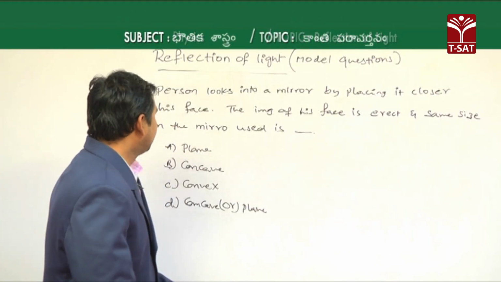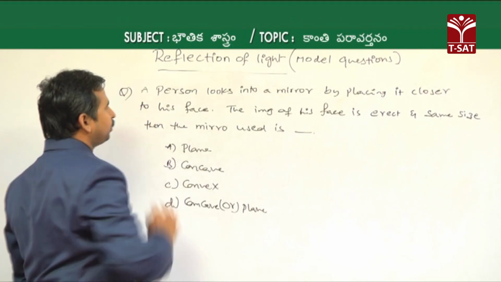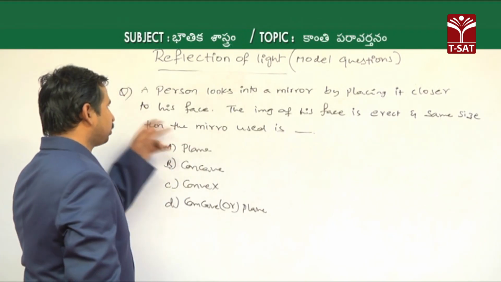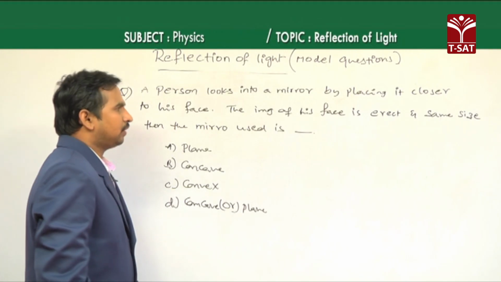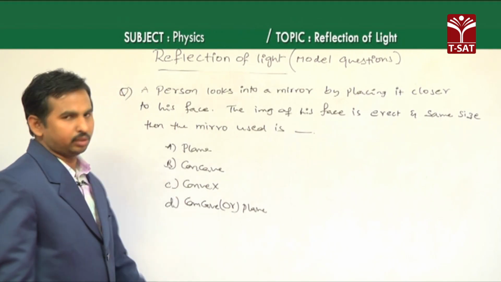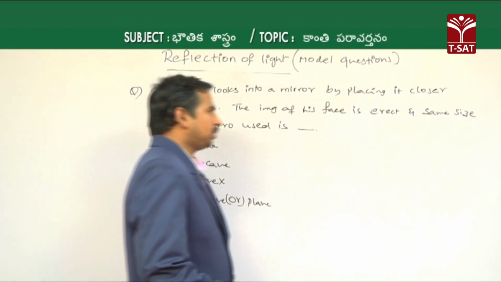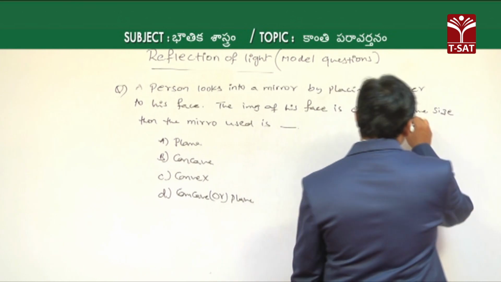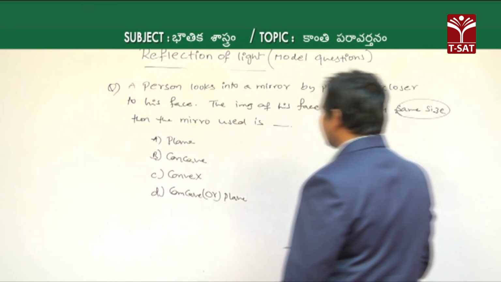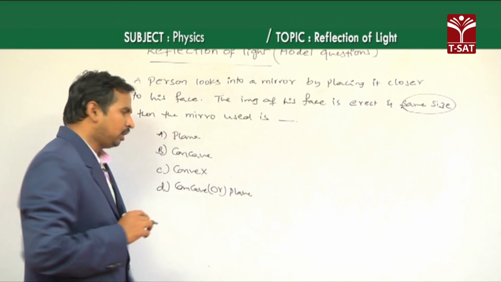Now, we will see another question. Given that a person looks into a mirror by placing it closer to his face, and the image of his face is erect and the same size, then the mirror used is. Obviously, as it is particularly mentioned that the image is of the same size, the same size images are formed by a plane mirror or a concave mirror.